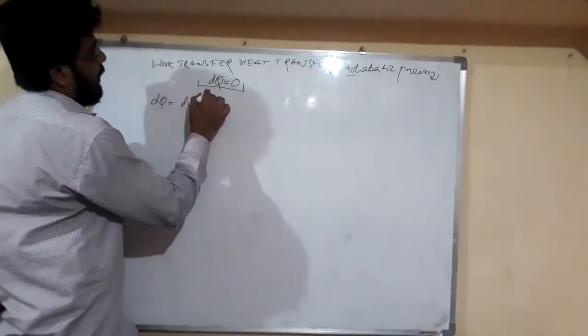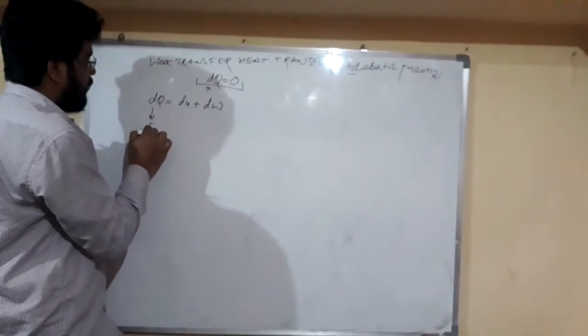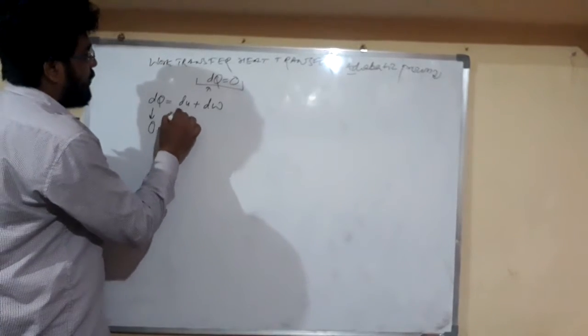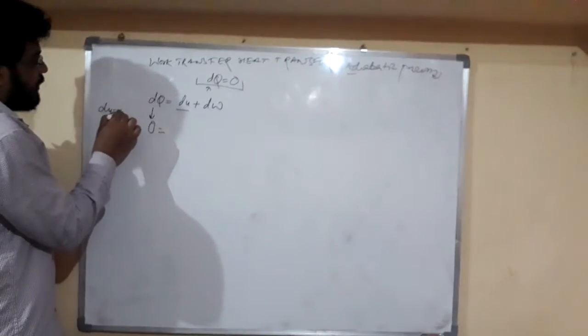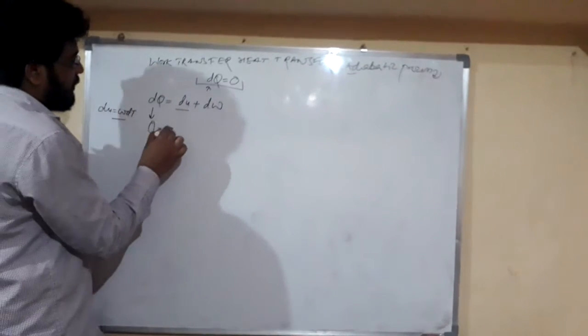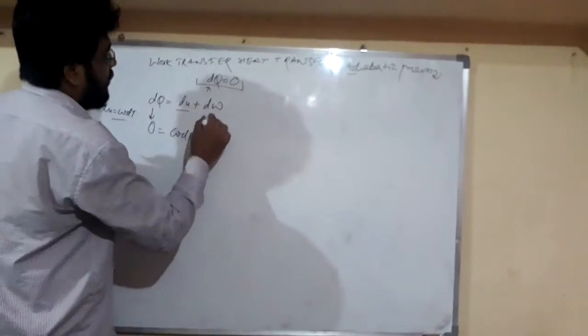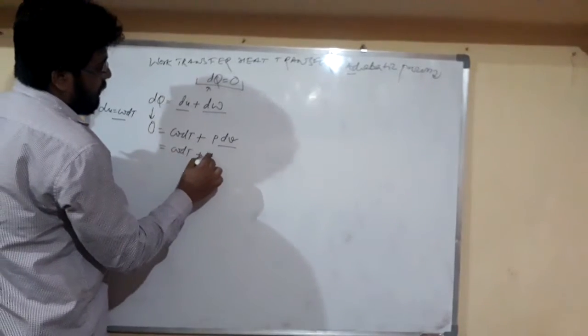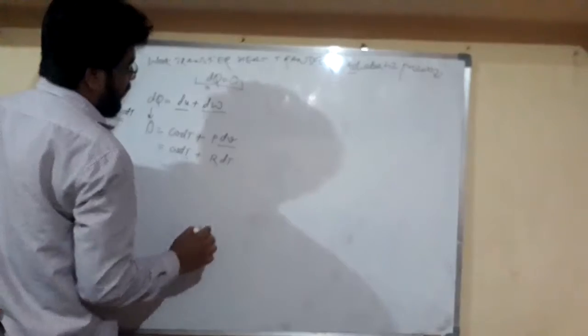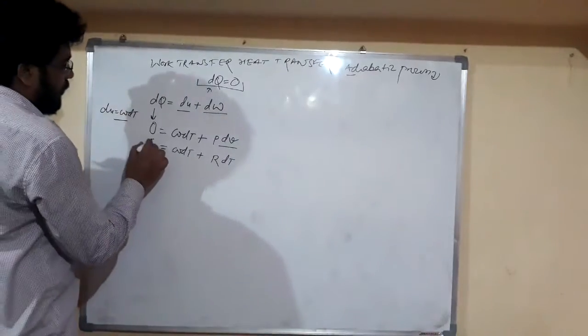Here friends, adiabatic process, so there is no transfer of heat, so dq tends to 0, and 0 is equal to du plus dw. du is our change in internal energy and we have derived that du is equal to cv dt, so we can write cv dt. And friends, we already know that our dw is equal to pdv. So friends, now we can write it as cv dt plus p dv, and this is 0.